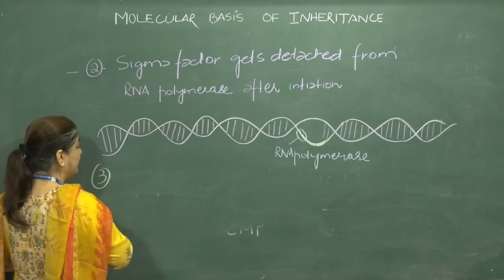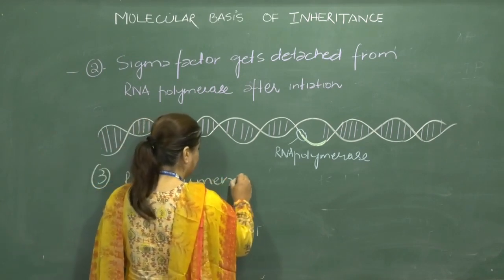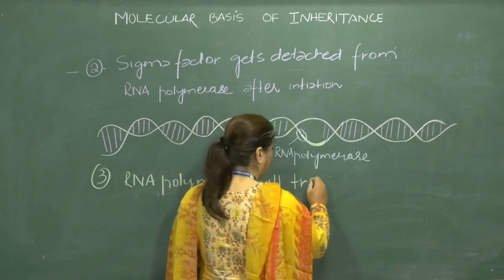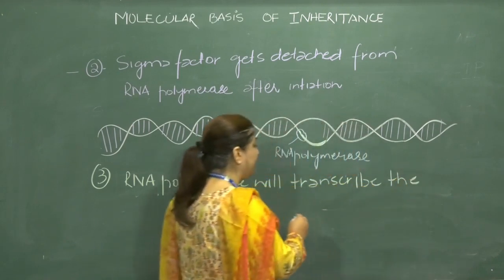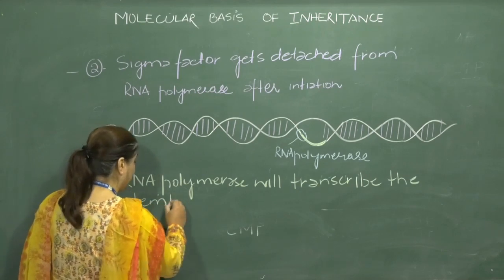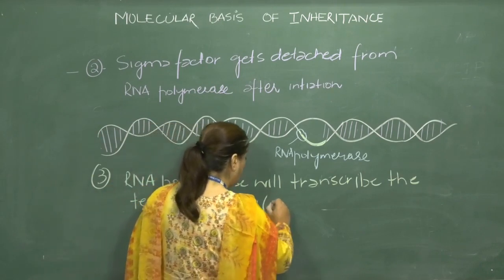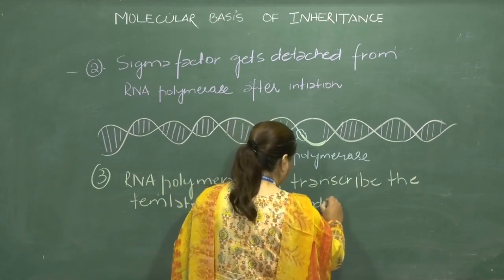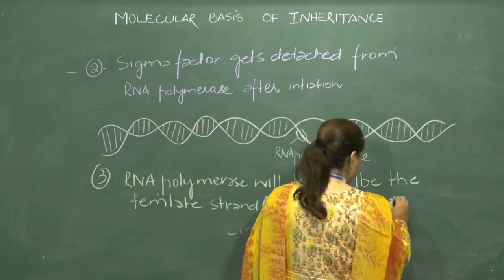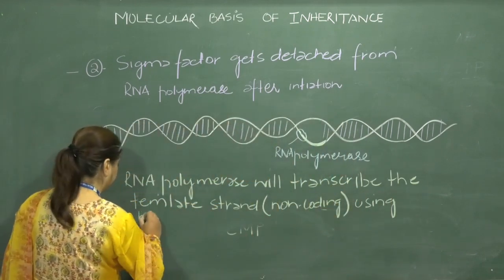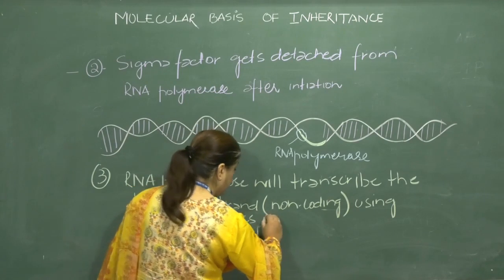The third step is that RNA polymerase will transcribe the template strand, that is the non-coding strand, using ribonucleotides as raw material.